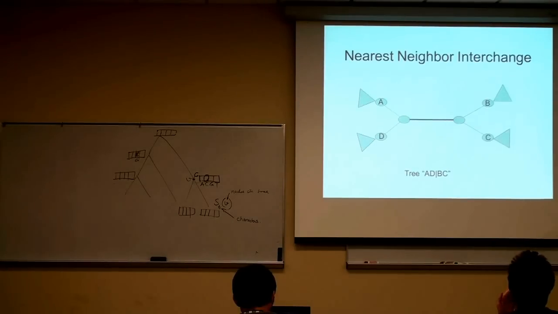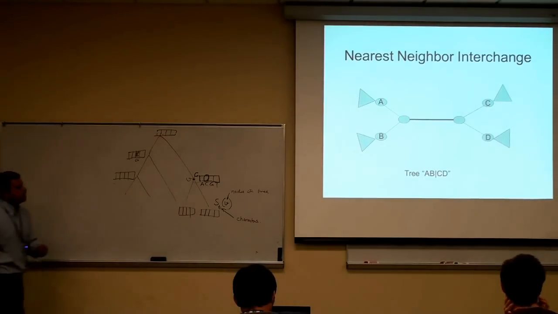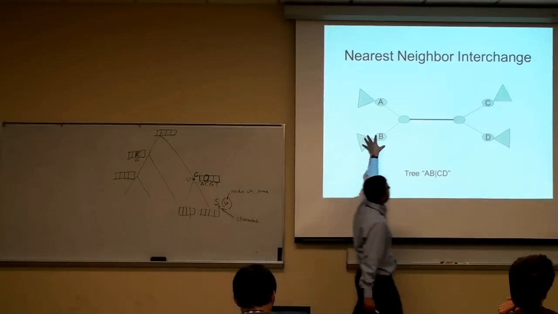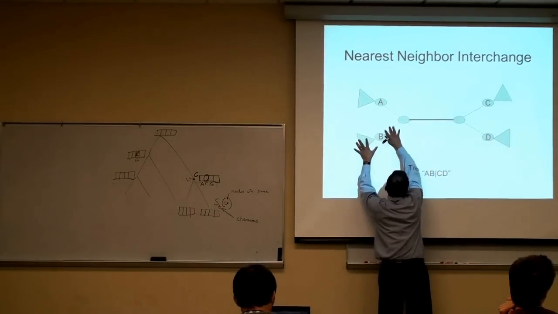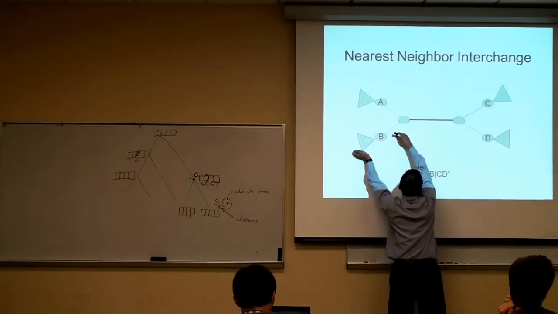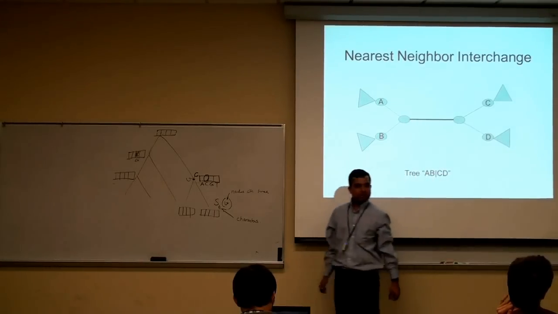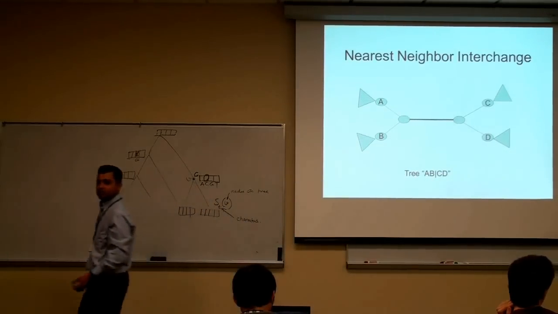By the way, this is also a fundamentally different topology. When I said you exchange B with C, that's a fundamentally different topology. You could also exchange B with D, bring D here and bring this there. And that's also a neighbor.